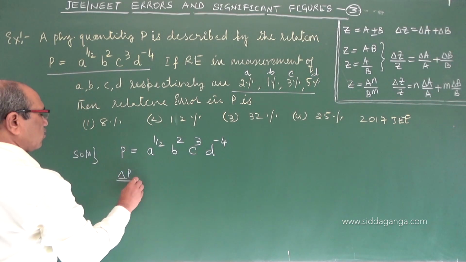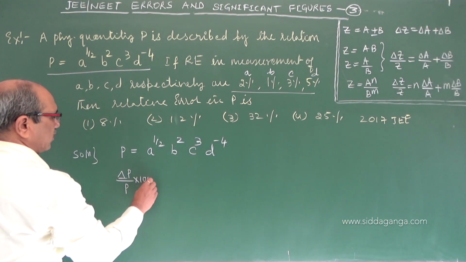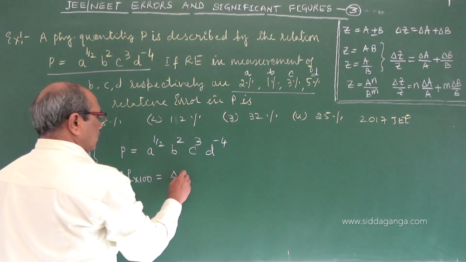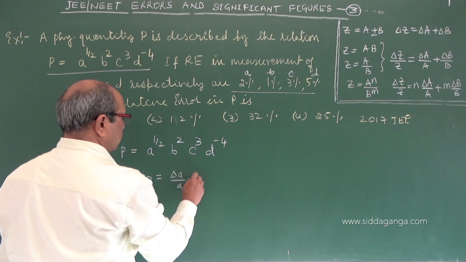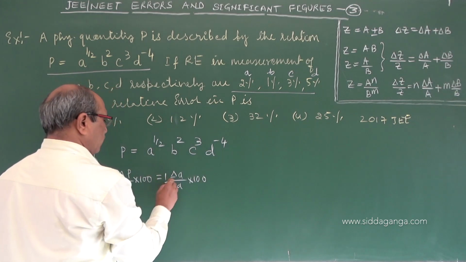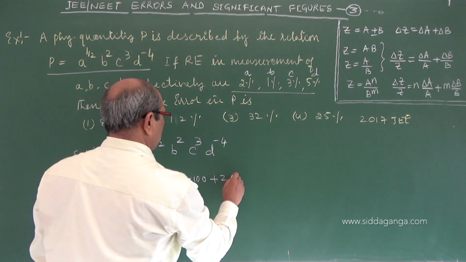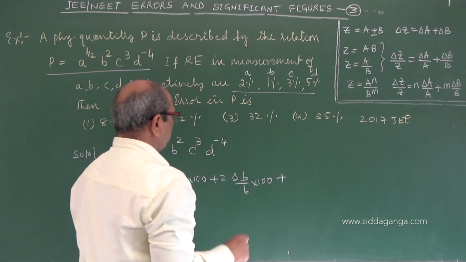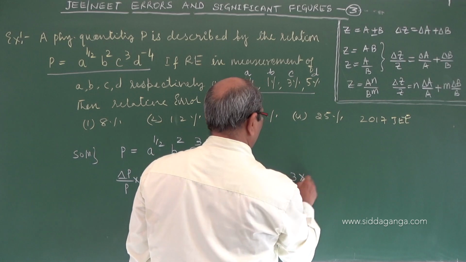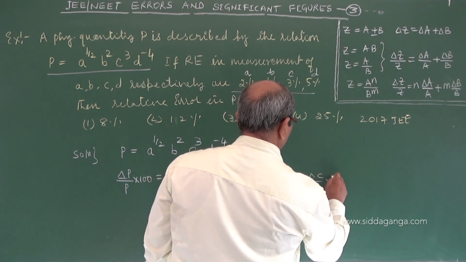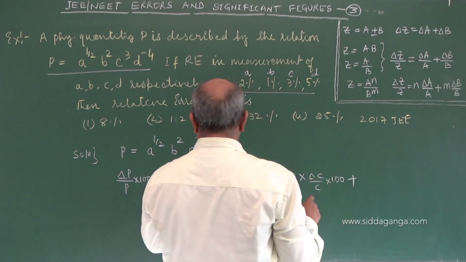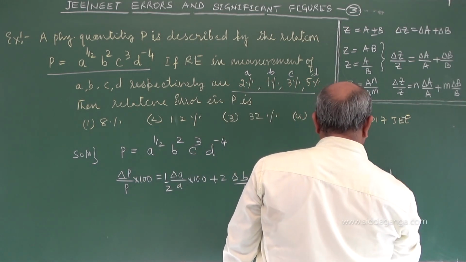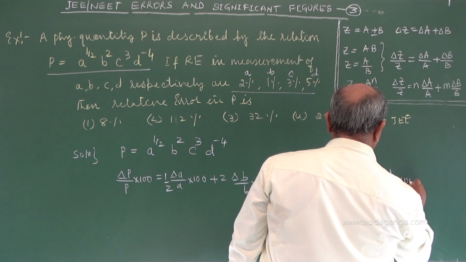The question is how to find the percentage error in measuring P: half into delta a by a into 100, plus 2 into delta b by b into 100, plus 3 into delta c by c into 100, plus 4 into delta d by d into 100.